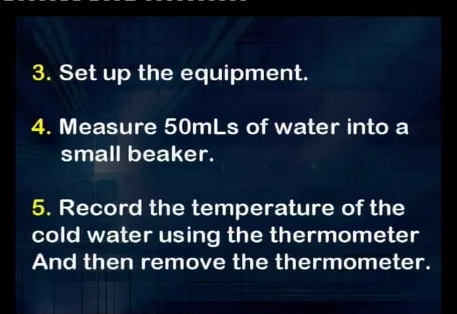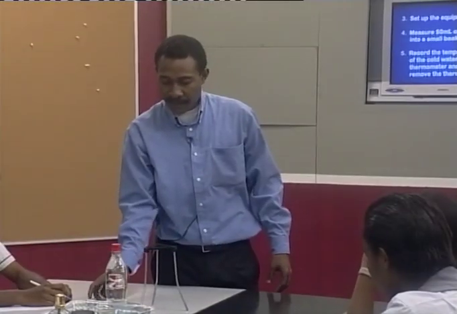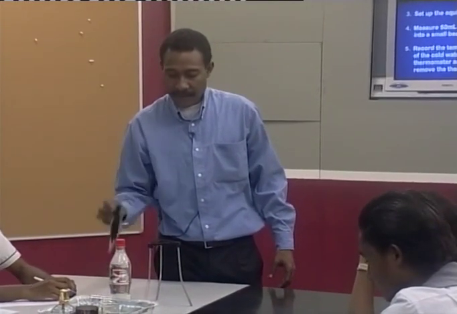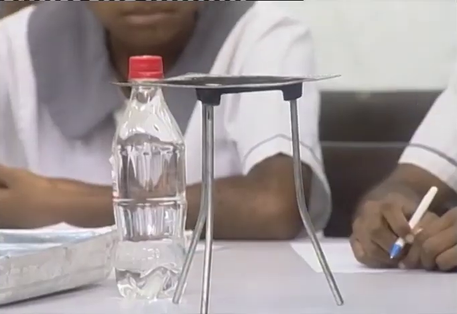Receiving students and teachers, the activities or the instructions for the experiment are these. First, set up the equipment. We have the tripod, so you will stand it. And then you will put the wire gauze on.